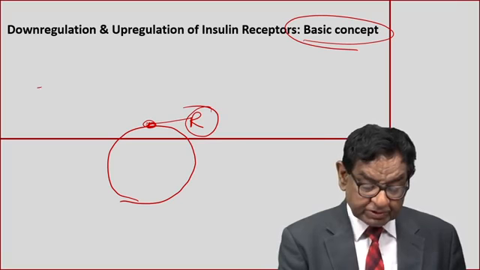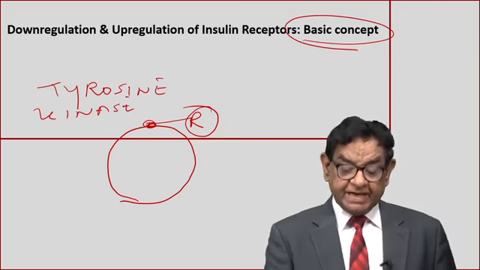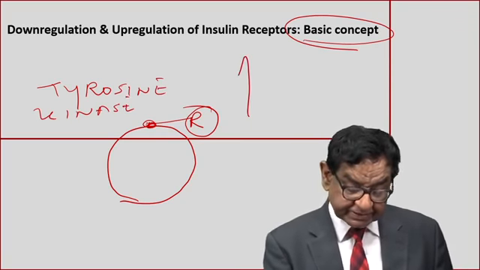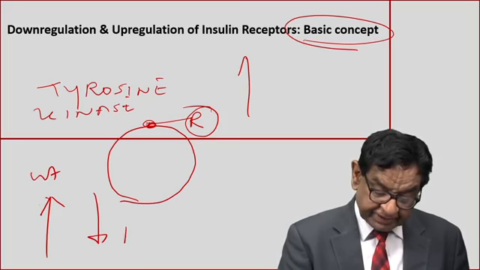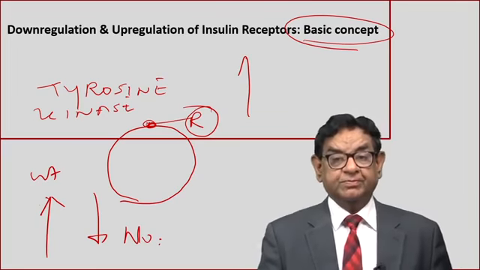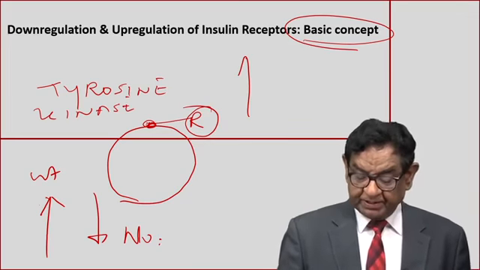And this is a tyrosine kinase receptor. So as the body weight increases, the number of receptors go down. So this is known as down regulation of receptor.